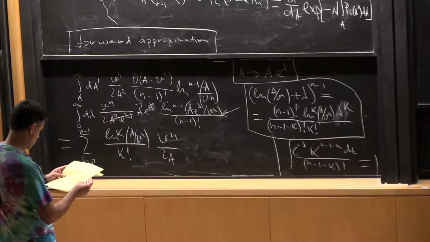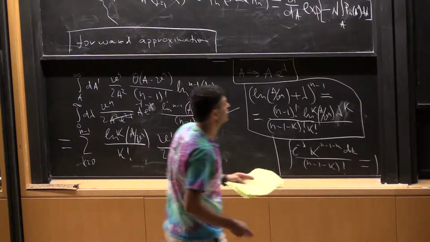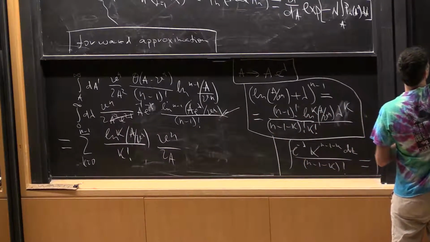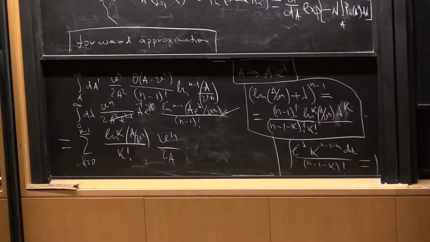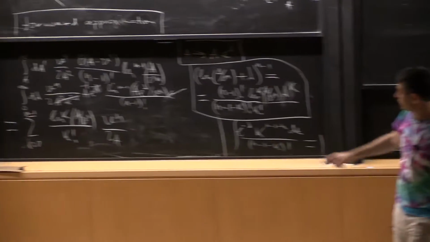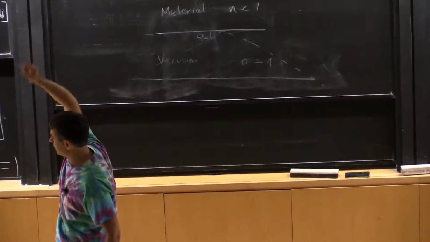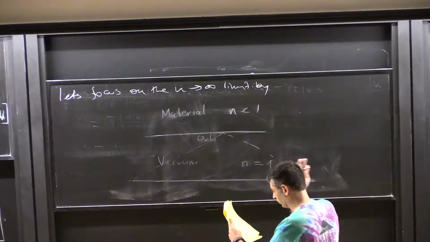So, the idea is to focus right here on the n goes to infinity limit by changing variables, right? We want to take that sum and not treat the large n thing as just another limit. We want to somehow pull it out, right?